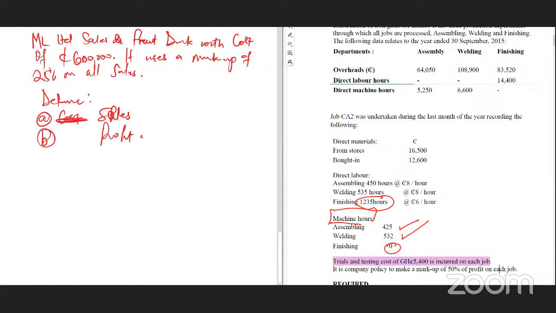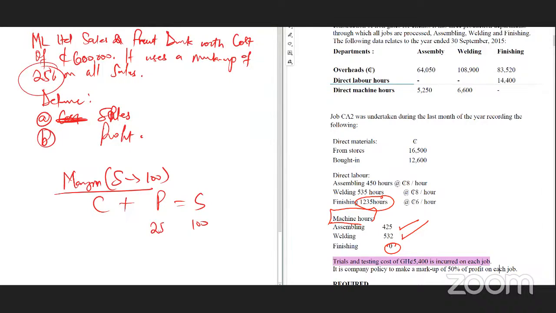So simple. Because this is margin, what is 100%? Selling price. So you are saying selling price should be equivalent to 100. So if we put cost plus profit equals selling price, because this is margin, this is 100, right? And we know it makes margin of 25. So here becomes 25.